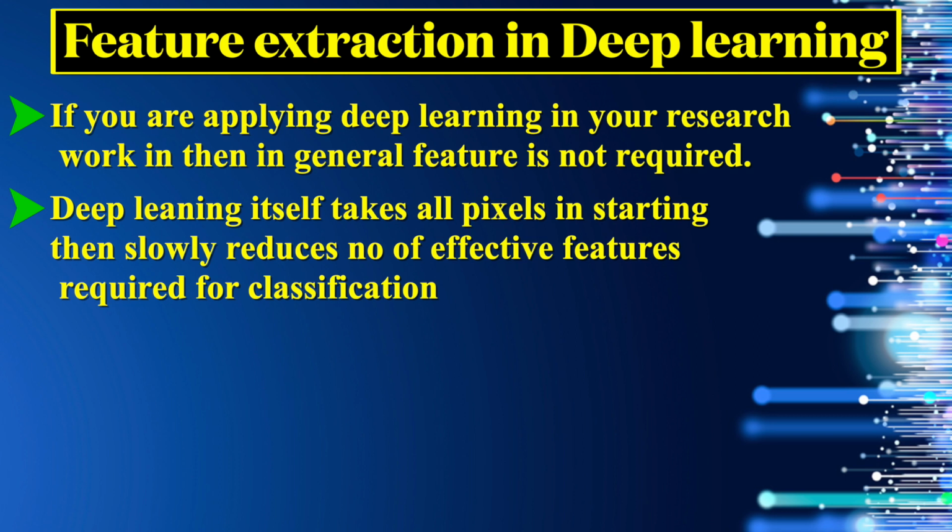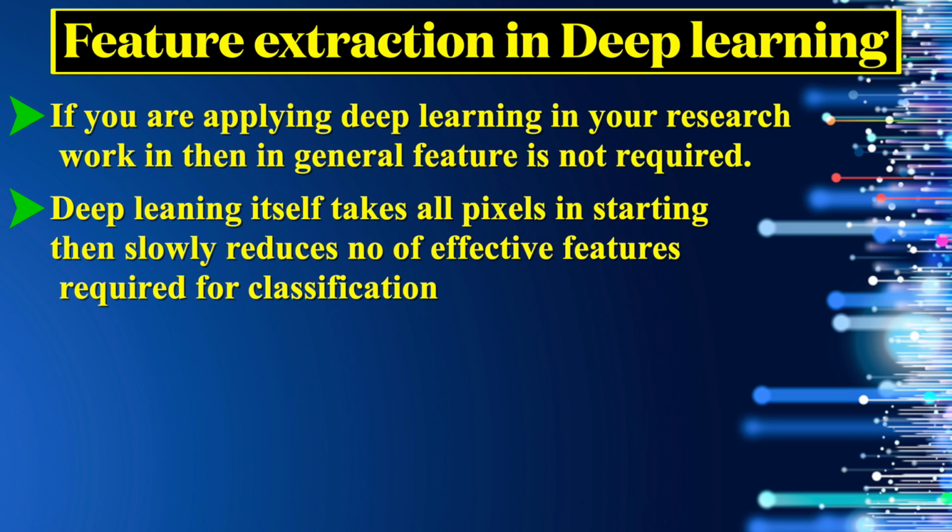So in deep learning, there are many thousands of images. From these thousands of images they take all the data as features and do the classification and clustering. After clustering, if they see that some features are very efficient or prominent, then feature selection is done and the selected features are processed further, and from that deep learning is performed.